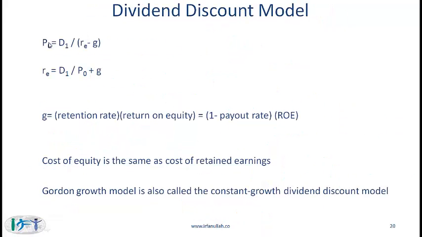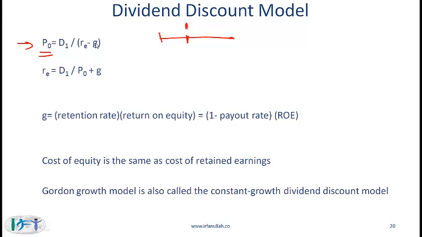Here is the formula that I just gave you. The price or the value of a stock is equal to the first dividend. This is the dividend at the end of period 1 divided by R minus G. R is the cost of equity, G is the growth rate.